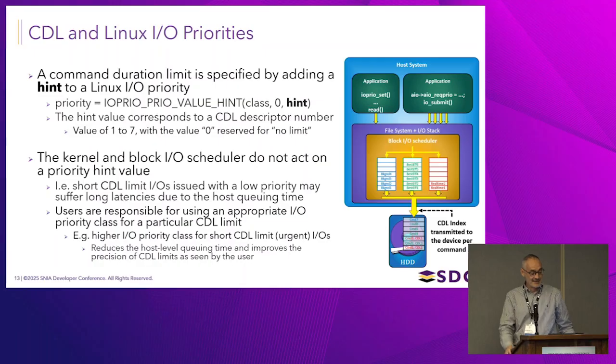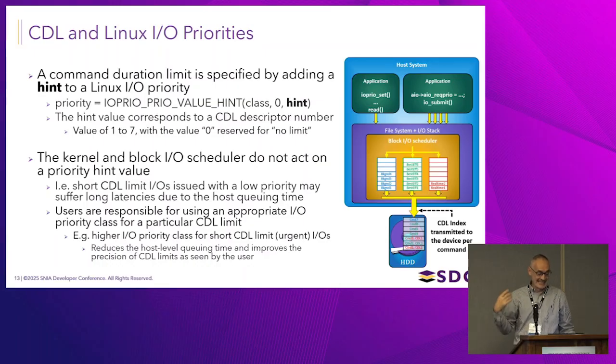There were some unused bits in there, so we reuse those bits, and we can now place there what we call an I/O priority hint, which essentially contains the descriptor that the drive should be using for this command, the CDL limits.